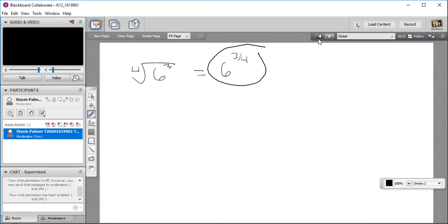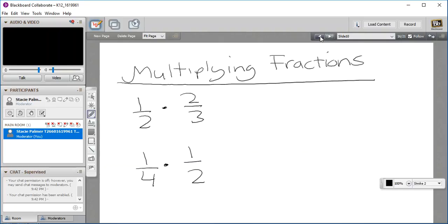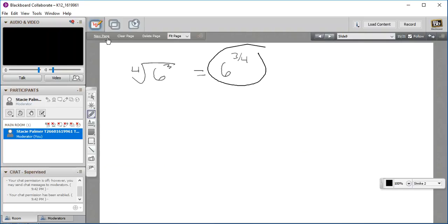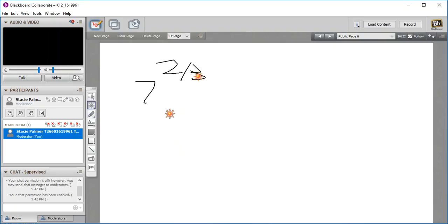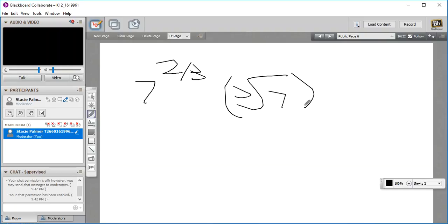Okay, so let's see if we can go back and forth here. Let's say we have 7 raised to the 2/3 power. Okay, so remember the bottom number of our fraction tells us the root. The top number is our exponent. So this would be the cube root of 7 raised to the 2nd power.